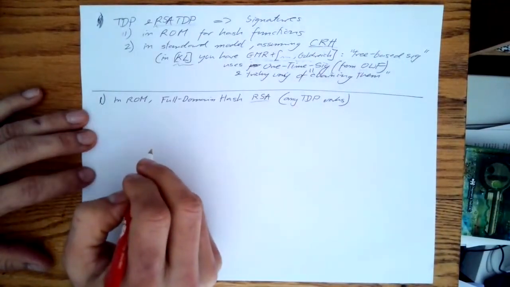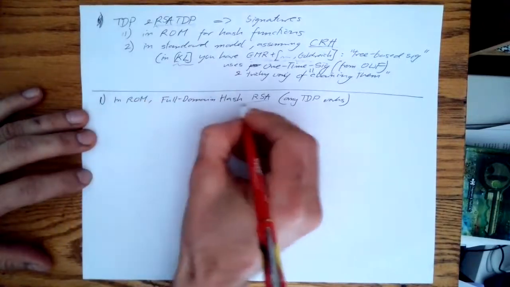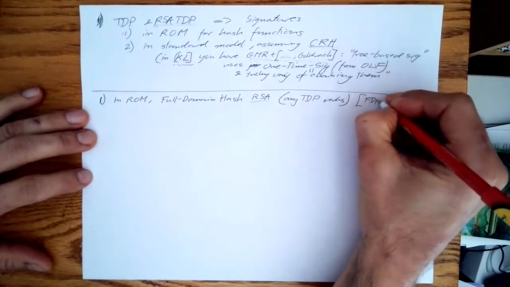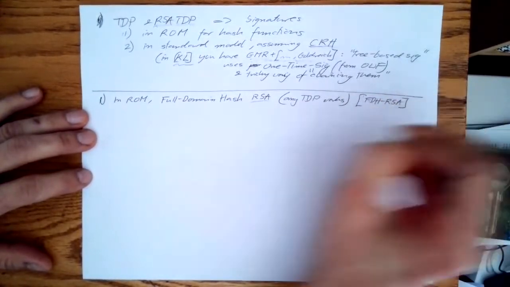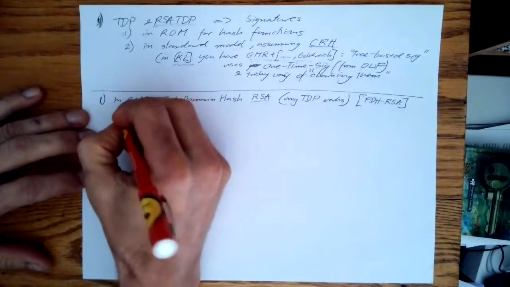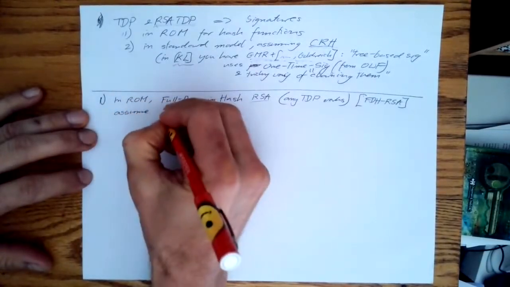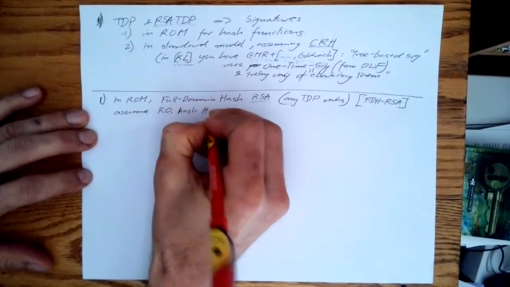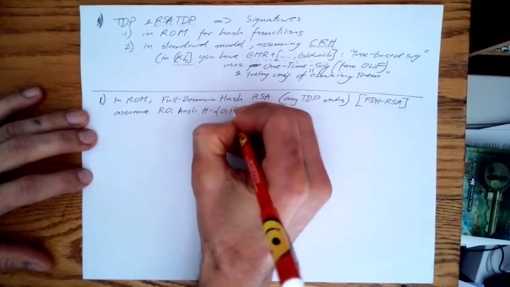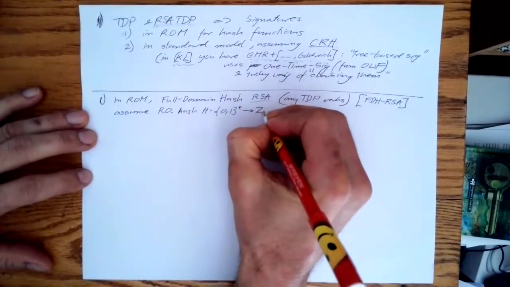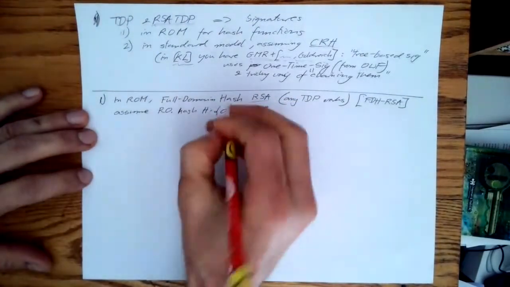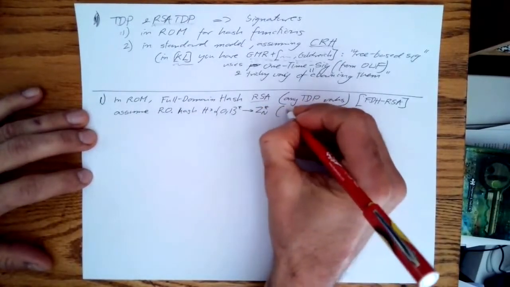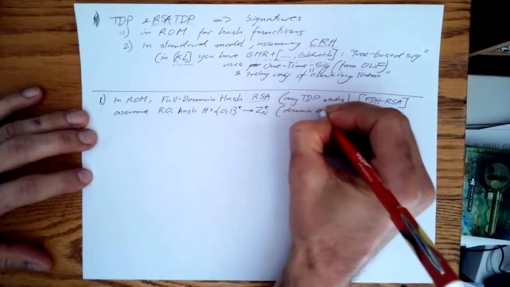So what's the full domain hash signature, abbreviated FDH RSA? So assume you have a random oracle hash H that takes any bits and outputs, it's a hash function that hashes onto the RSA domain. So this is the domain of the RSA TDP.